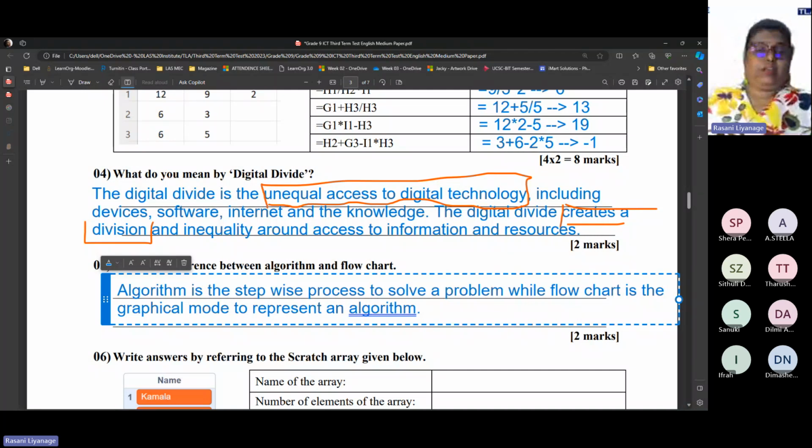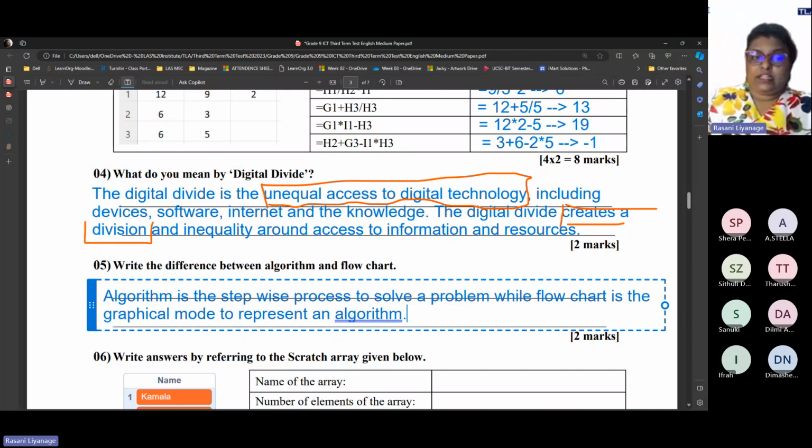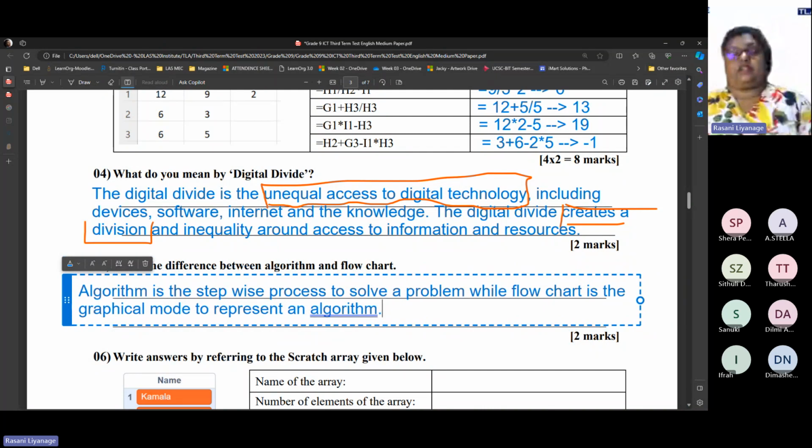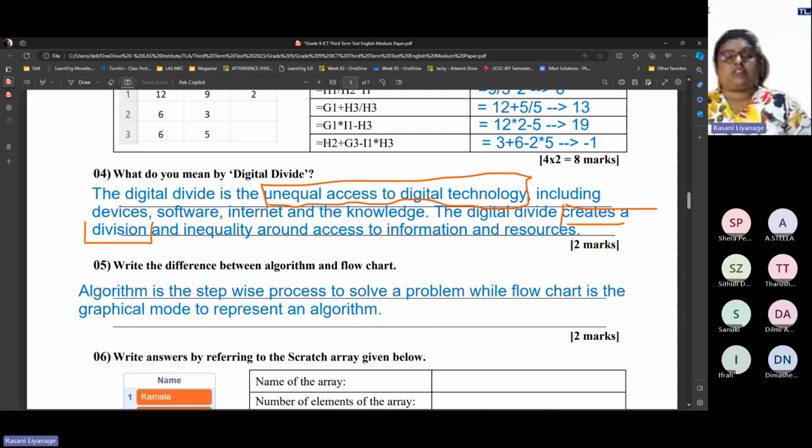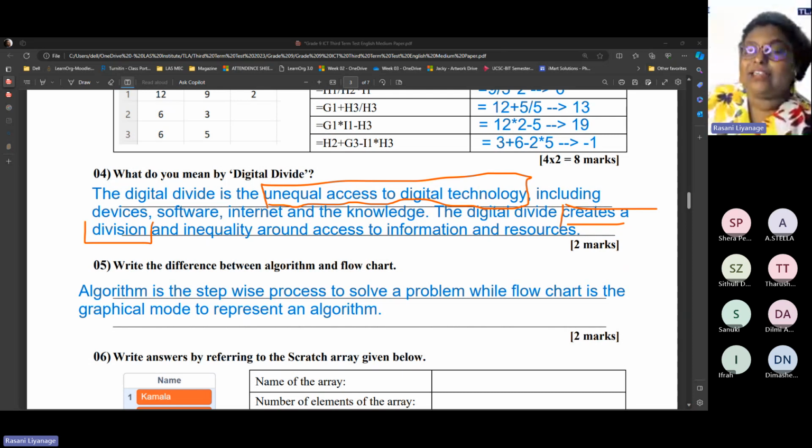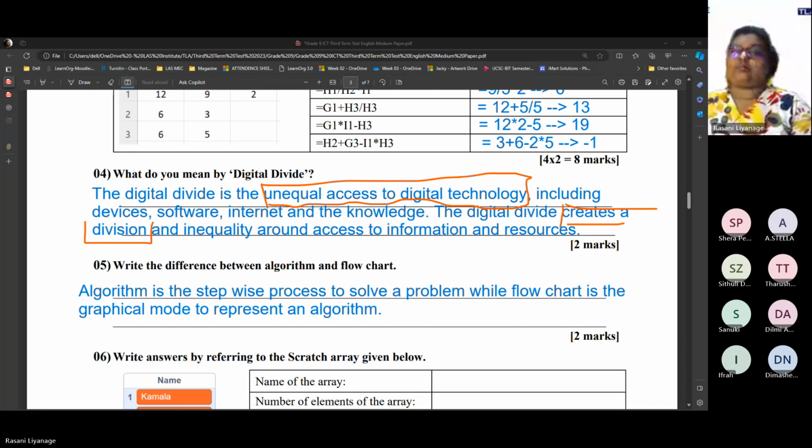Write this down. We haven't written this as a comparison before. Algorithm is the stepwise steps. It only has steps 1, 2, 3. It doesn't have what the mode is. But taking the algorithm and showing it graphically is what we call a flowchart, which means the algorithm is like the parent of the flowchart. Write that. Then we'll go to Scratch.